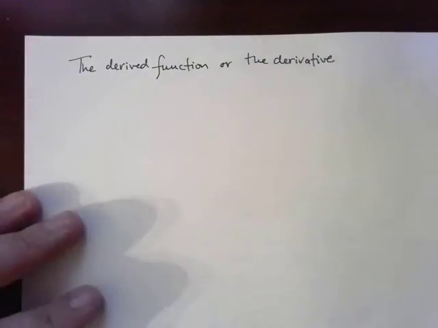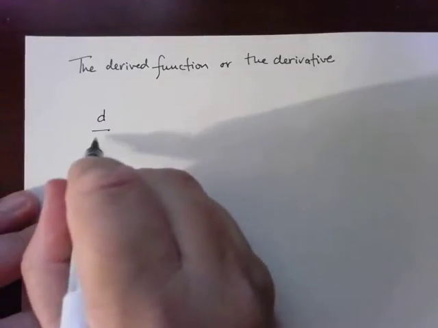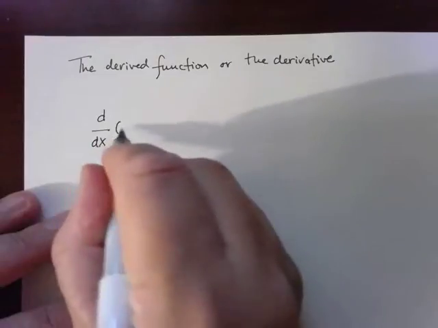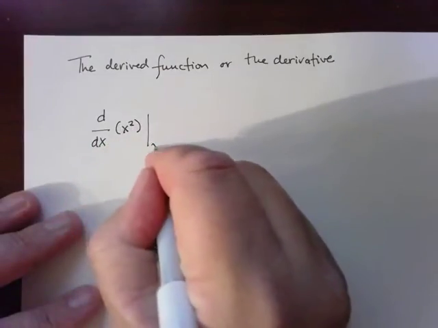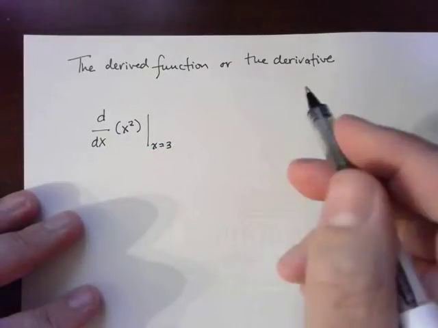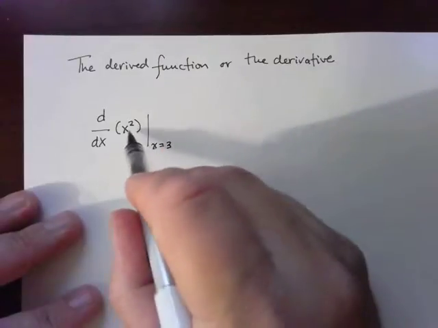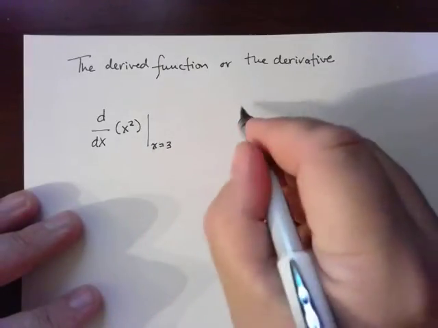Let's say we have the problem, we want to get d dx, we'll do a simple one, x squared, let's say when x is 3. And so what we would do is an infinitesimally small change in x, top and bottom.